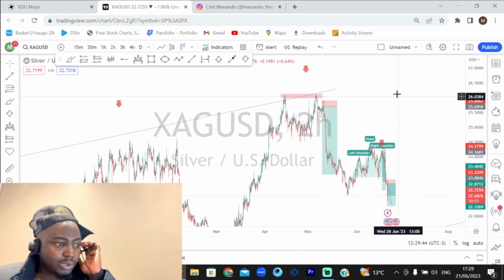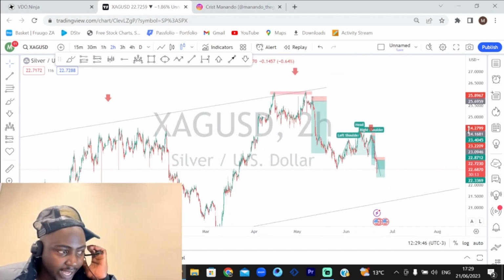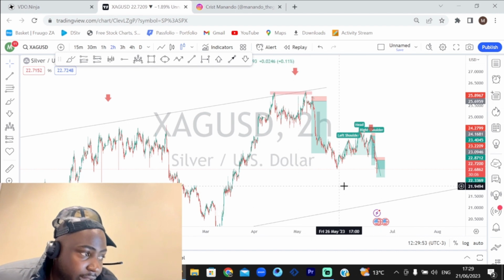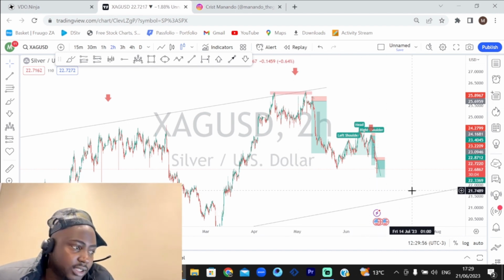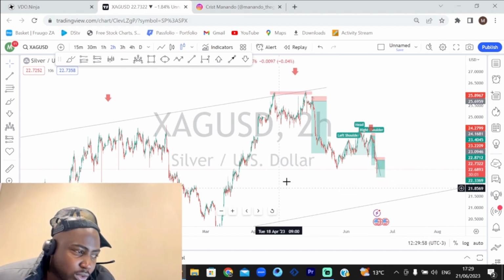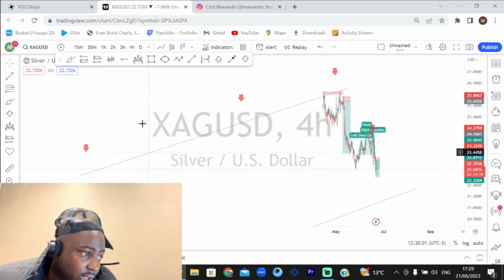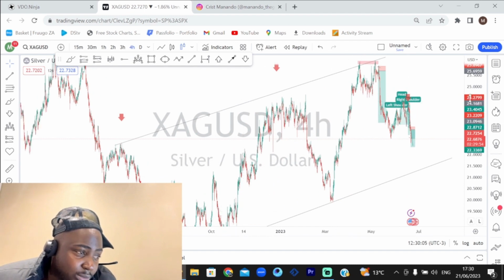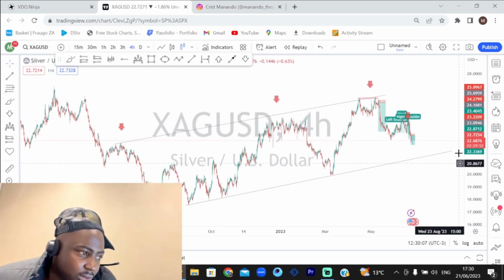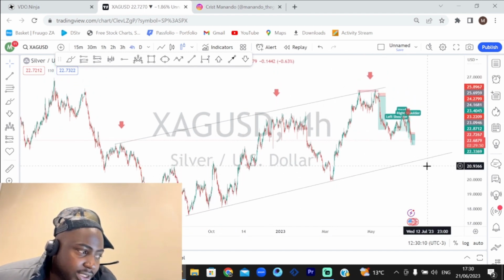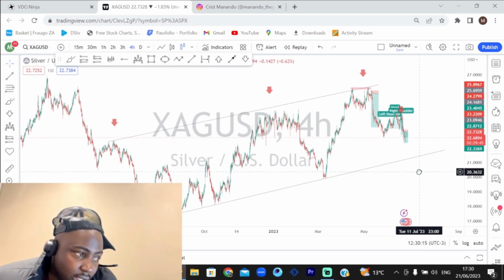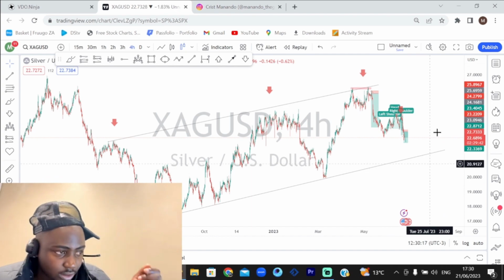So you can see with just this pair alone, this is literally the past month. The past month you had three perfect setups for a sell with silver, which I would like to think almost moved the same way as gold, but it's not really the same. But it gives you some context, like okay, this is the direction. It's going down right now, right?